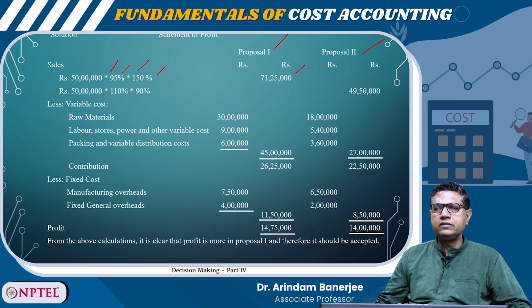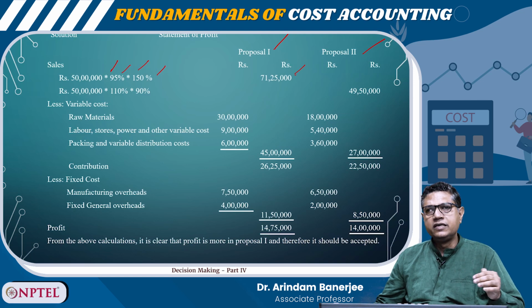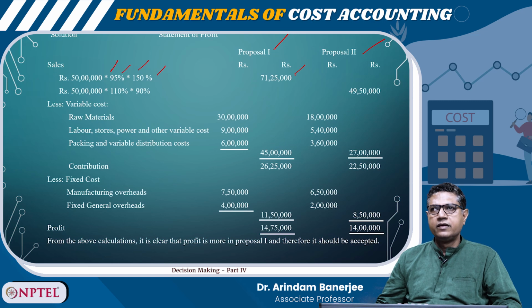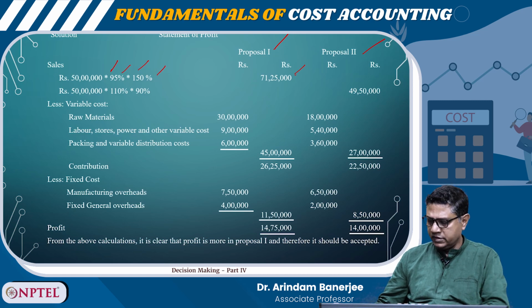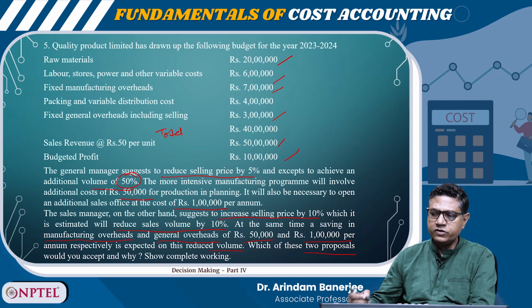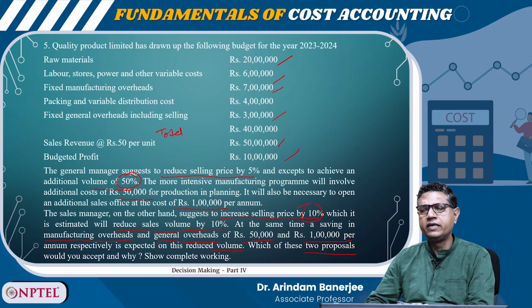In proposal 1, the selling price is getting reduced and the resultant sales volume is going to increase by 50%. In the second proposal, the selling price is increased by 10%. It is adopting an aggressive pricing strategy which is estimated to reduce the sales volume by 10%.